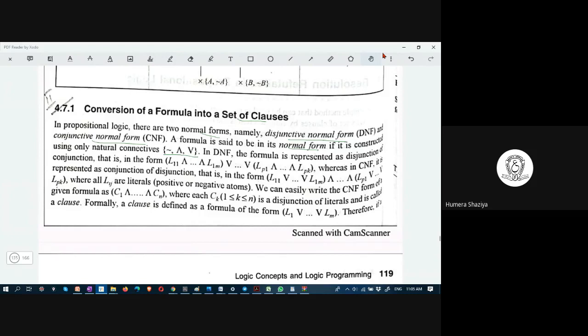In disjunctive normal form, the formula is represented as a disjunction of conjunctions, like this. These terms have the and operation, which are joined with the or operation. That is disjunctive normal form.